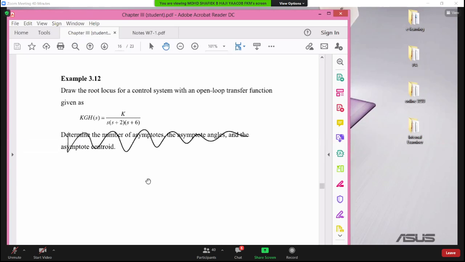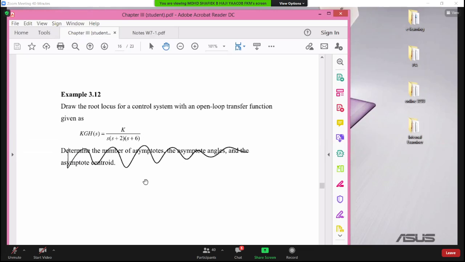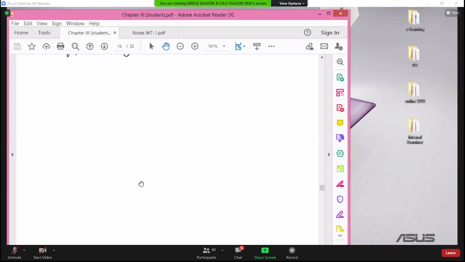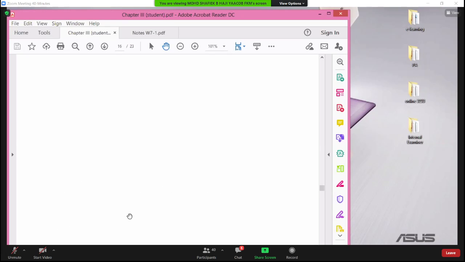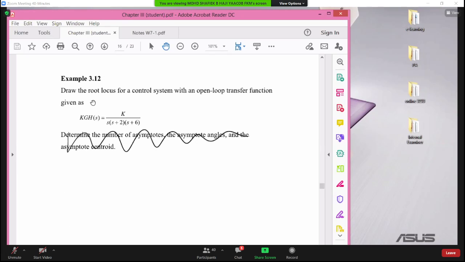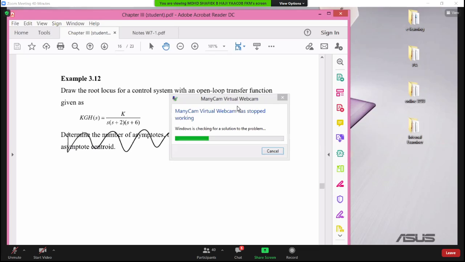So previously we were at that, so let's go back to example 12. Here, draw the locus diagram for a control system with an open loop transfer function.